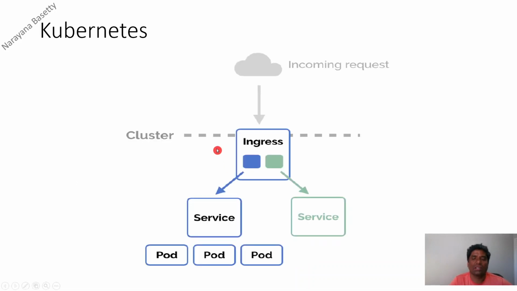Let us try to see how the request navigates from the web browser or CURL. Say it is a web client. If it is trying to hit a browser on the Ingress port, so Ingress will be up and running. Say this is running on port 8080.